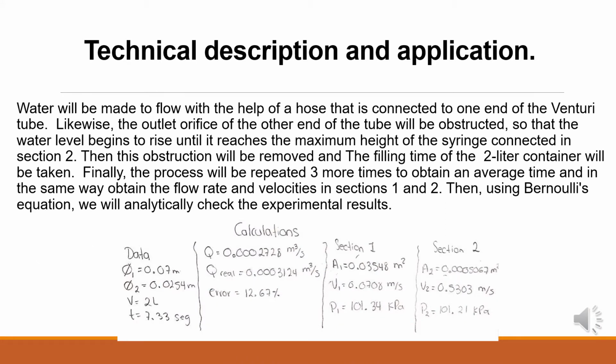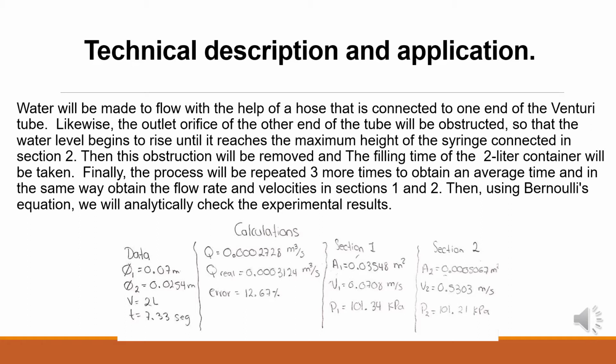Technical description and application. Water will be made to flow with the help of a hose that is connected to one end of the Venturi tube. Likewise, the outlet orifice of the other end of the tube will be obstructed, so that the water level begins to rise until it reaches the maximum height of the pipette connected in section 2.